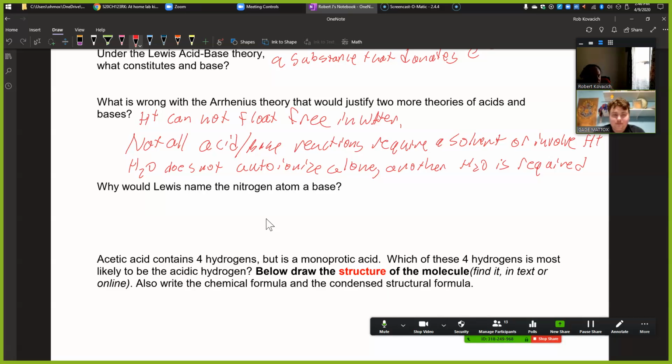Why would Lewis name a nitrogen atom a base? Because I have it here. Nitrogen is capable of giving away electrons with bonds, so it's a Lewis base.